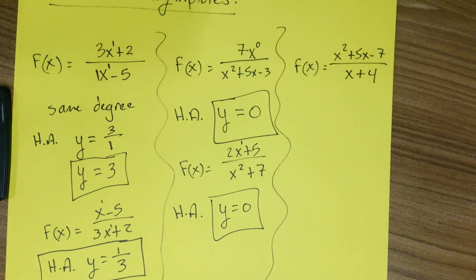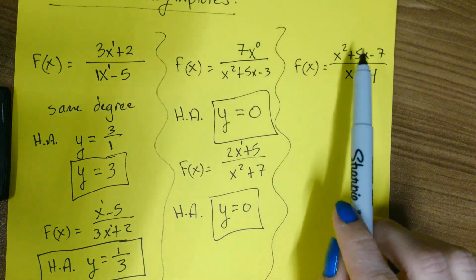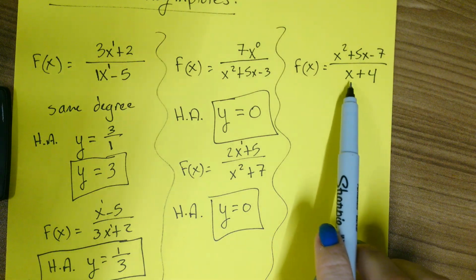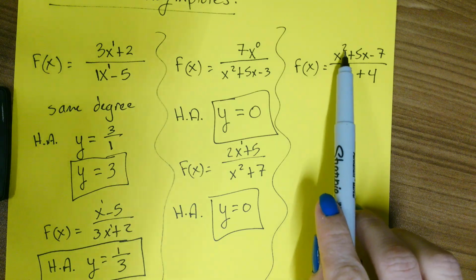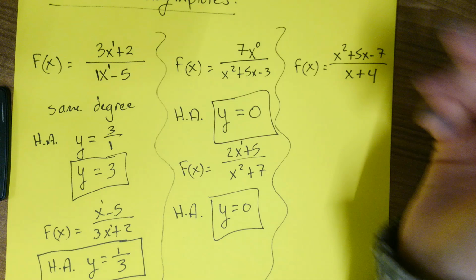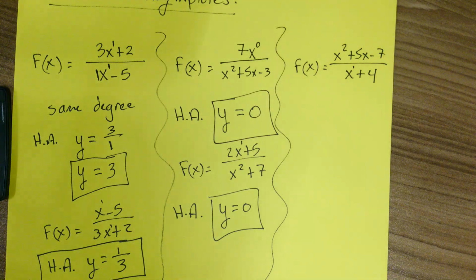So in the third situation, you might kind of see the pattern here now. In the third situation, the degree up top is larger than the degree on the bottom, right? I have a quadratic, which is a degree 2 polynomial, and in the bottom I have a linear function, which is a first degree polynomial.